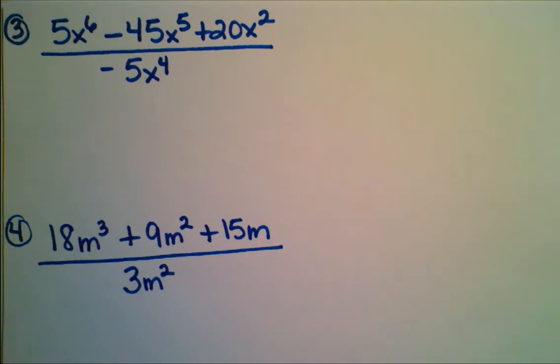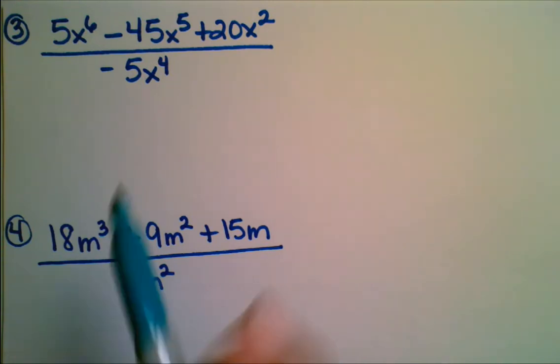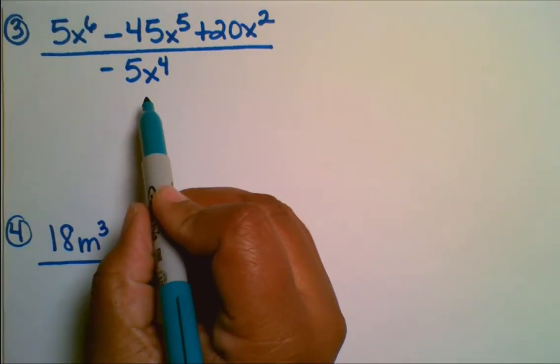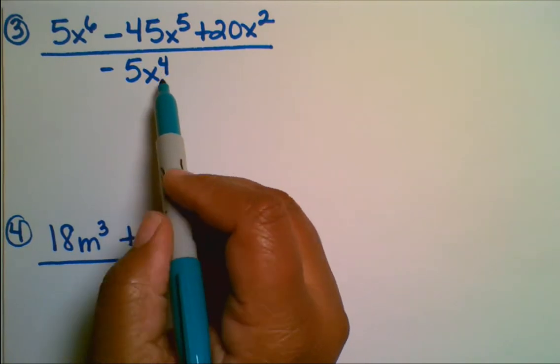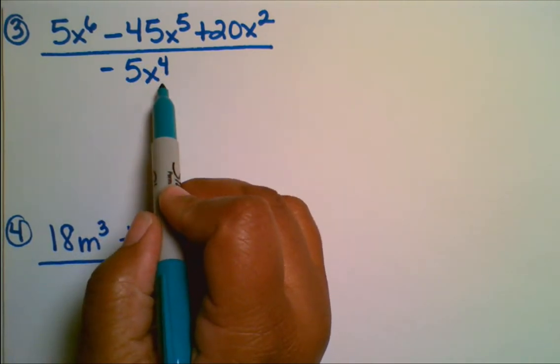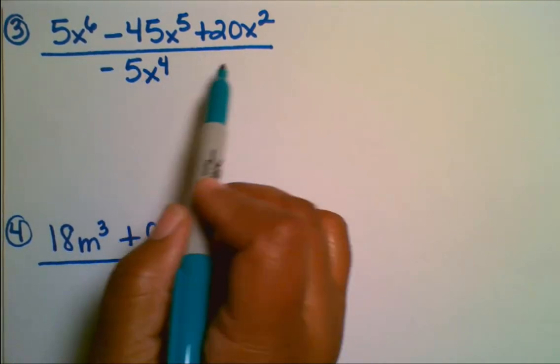Our next example, we have here 5x to the 6th minus 45x to the 5th plus 20x squared all over negative 5x to the 4th. So our monomial is the denominator, and we're going to divide the negative 5x to the 4th into each of the terms that's in the numerator.